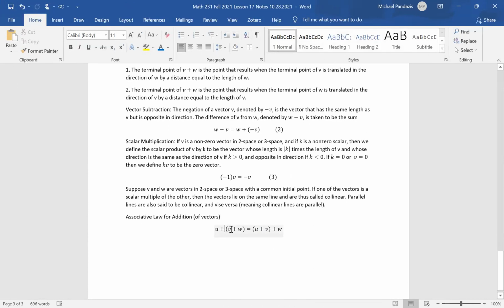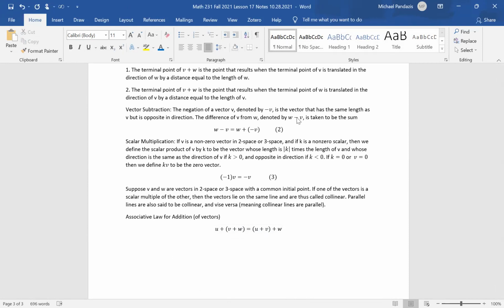The parentheses are telling you what to add first. So that's v plus w first, then u plus that sum. This is u plus v first, and then that sum plus w. And so that's the associative law. Those two are equal.